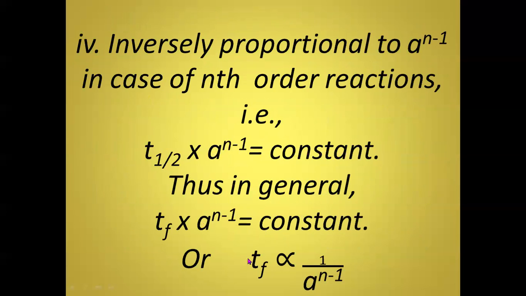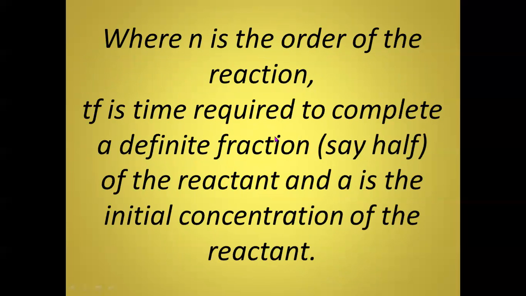Or in general, T half of a particular nth order is inversely proportional to the concentration term raised to the power n minus 1, where n is the order of reaction and T half is the time required to complete a definite fraction, say half-life, of the reactants, and A is the initial concentration of the reactant.